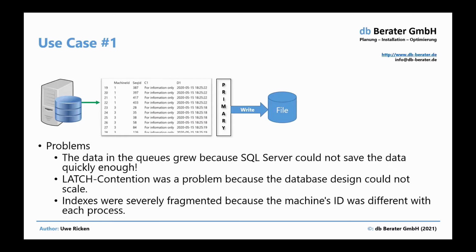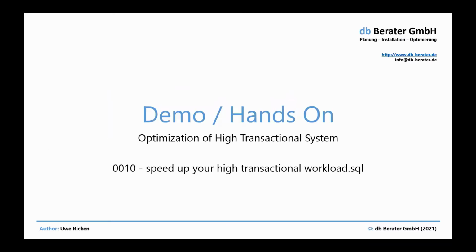And these page splits on top of it, because you now have the latch contention. And the second thing, the fragmentation and the page splits, will lead to longer running actions. And this on a machine where we were forced to push the data as fast as possible into the system. So what can we do in this case?